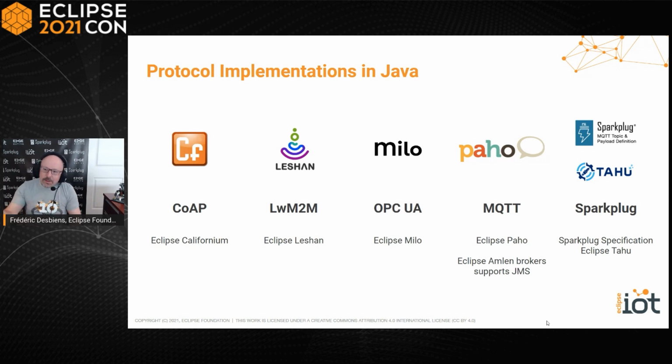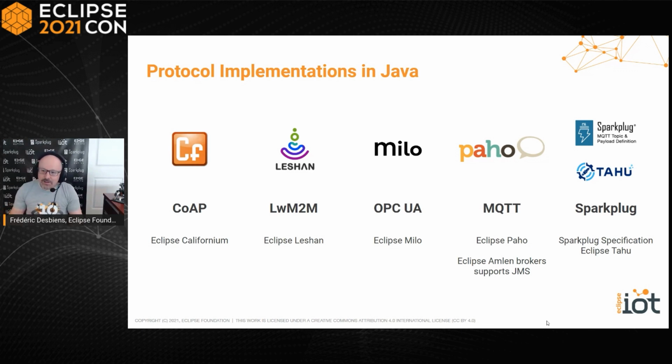And so, when you look at those industry standard protocols for IoT, you will see that we have Java implementations for most of them at the Eclipse Foundation. For CoAP, that's the Californium project that's been running since 2014. For lightweight M2M, we have Leshan, which is both a client and there's a reference server inside it. Eclipse Milo is our OPC UA Java implementation. For MQTT, there is the Eclipse Paho set of clients with Java.